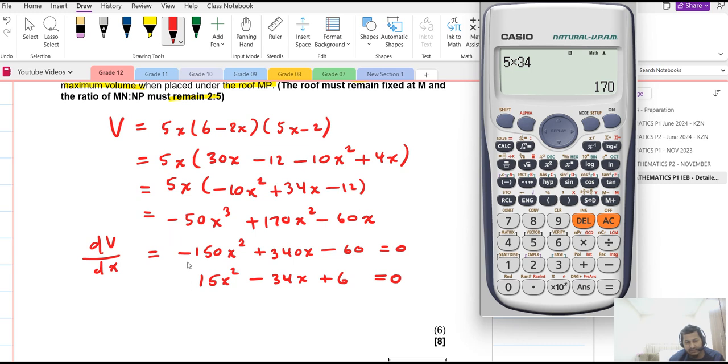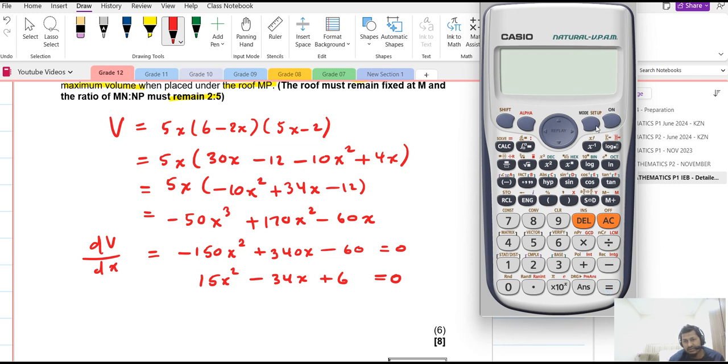Find the derivative: minus 150x squared plus 2 times 170 is 340x minus 60. That's the derivative. If I go to mode 5, 3, substitute minus 150, substitute 340, and then substitute minus 60, do we get the same answer? Yeah, I'm getting the same answer.